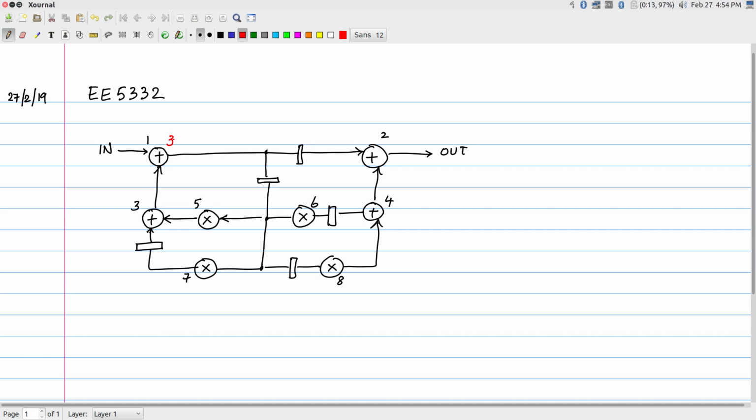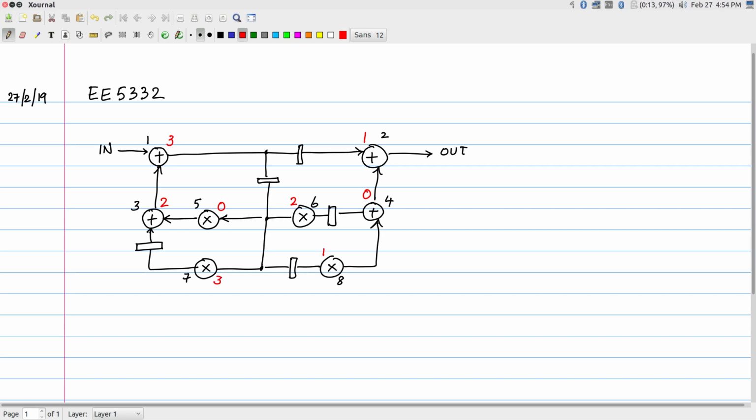This is at time 3. This is at time 1, 2 and 0. So in other words, we can see that there are 4 additions scheduled at the time instances 0, 1, 2 and 3, corresponding to 4 phases of the clock. Similarly, the multiplications are, this one is 0, this is 1, this is 2 and this is 3.